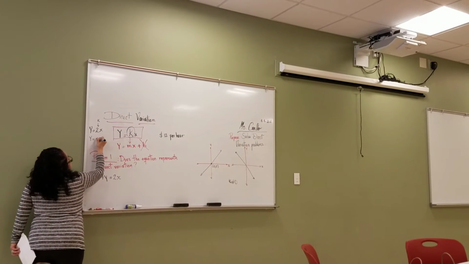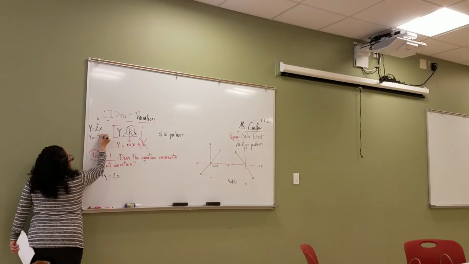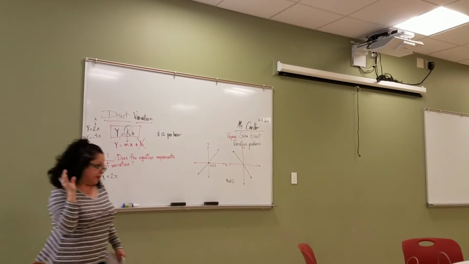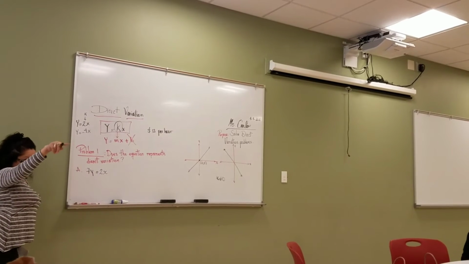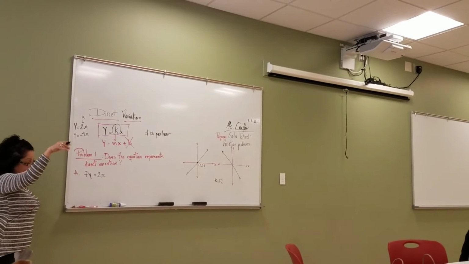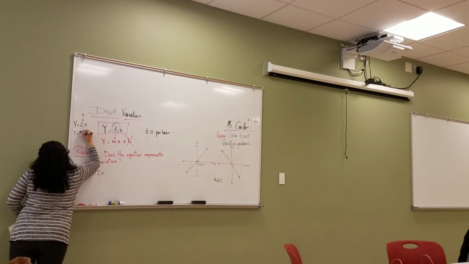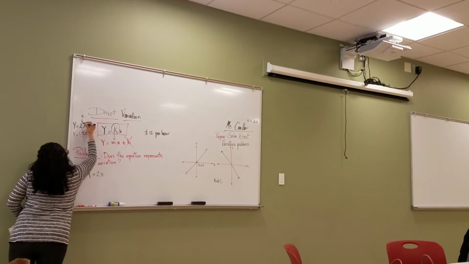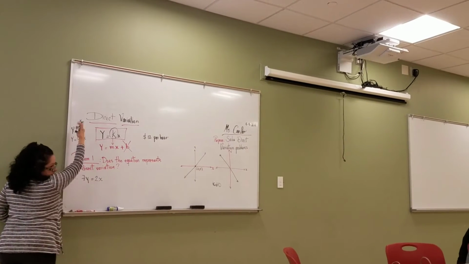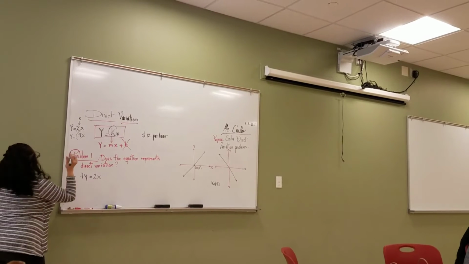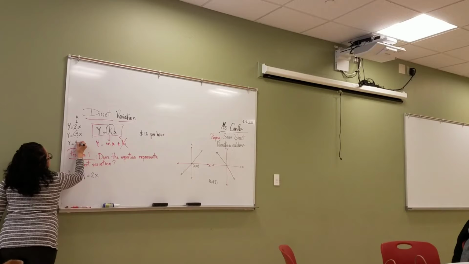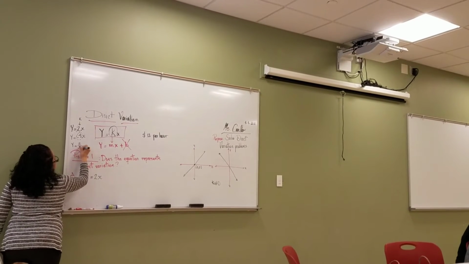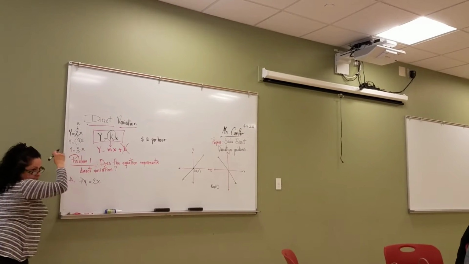Another example. y equals negative 4x. What's my constant of variation? Negative 4. Perfect. Very important, what you just said, negative 4, because this will be my constant of variation. In the first one, my constant of variation is positive 2. What about one more? y equals 2/3 of x.